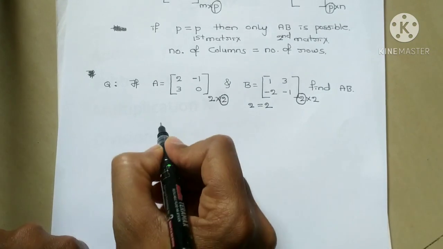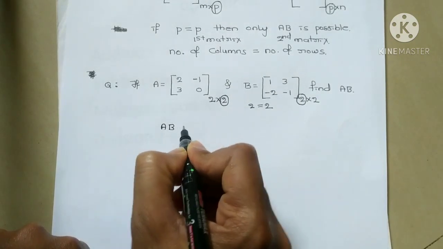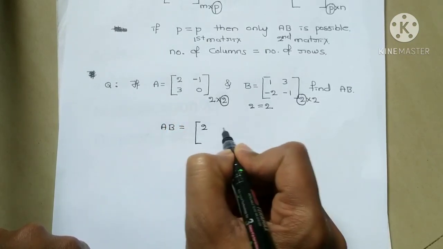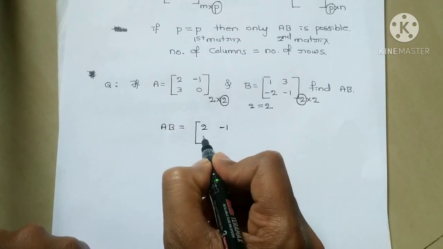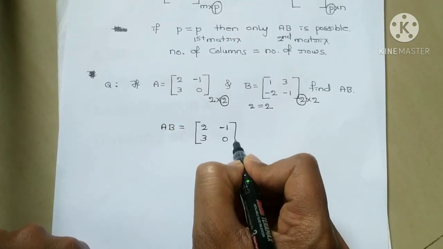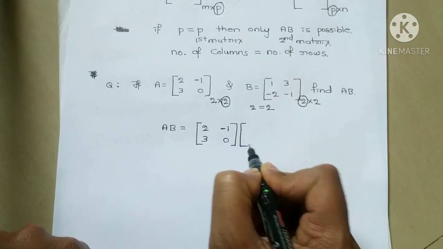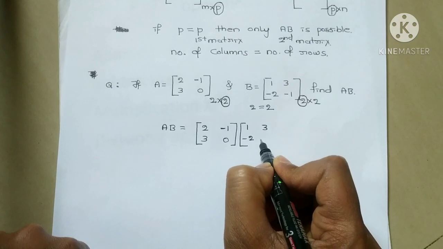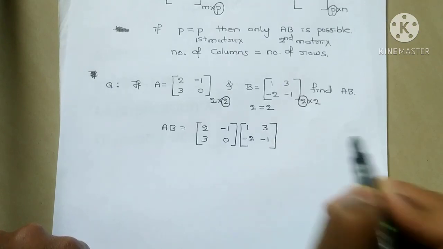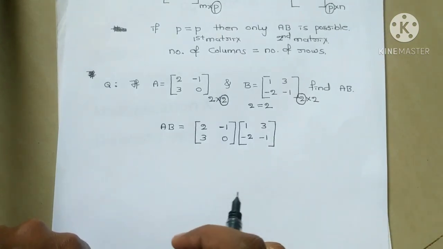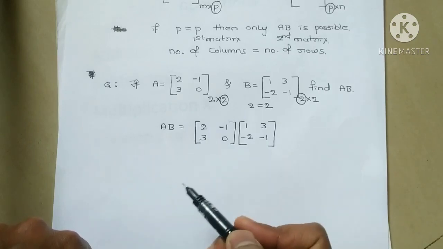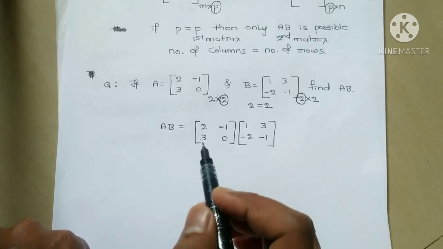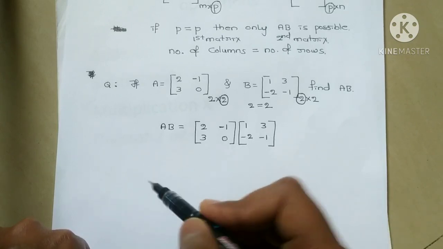So first write A into B equals, A matrix 2 minus 1, next 3 0, into B matrix 1 3 minus 2 minus 1. So now you have to multiply A into B. While multiplying any two matrices, you need to follow the second step.